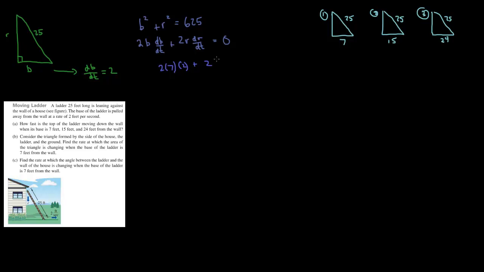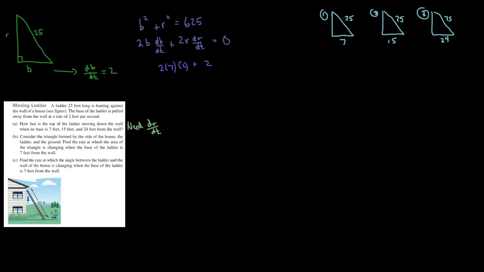Now we're looking for dr/dt, that is, how fast is the ladder moving down the wall. That's what we're looking for in part A. But we're still left with this r. We're solving for dr/dt, but we're left with this pesky r.